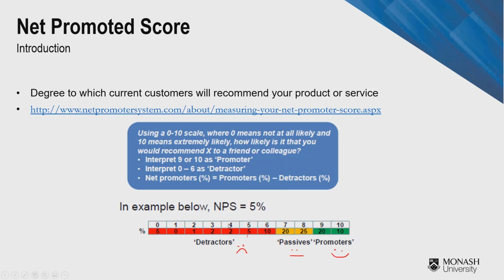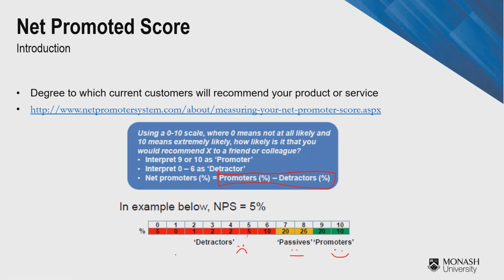Okay, so in this case, how do we actually get Net Promoter Score? Net Promoter Score, as it says in the slide, is the percentage of promoters minus detractors. So what is the percentage of detractors in here? If you calculate this properly, which is just an addition of the percentages from 0 up till 6, it's going to be 25%.